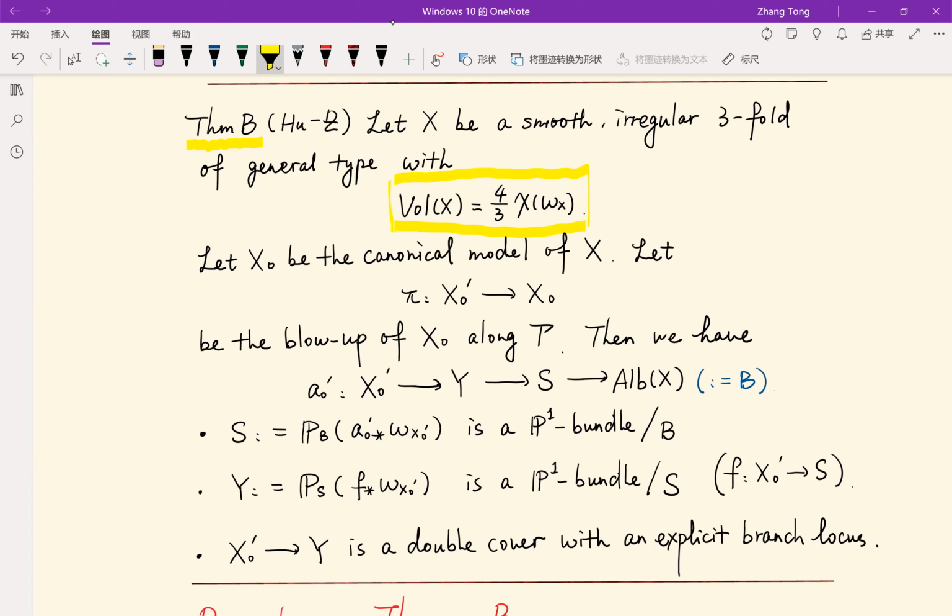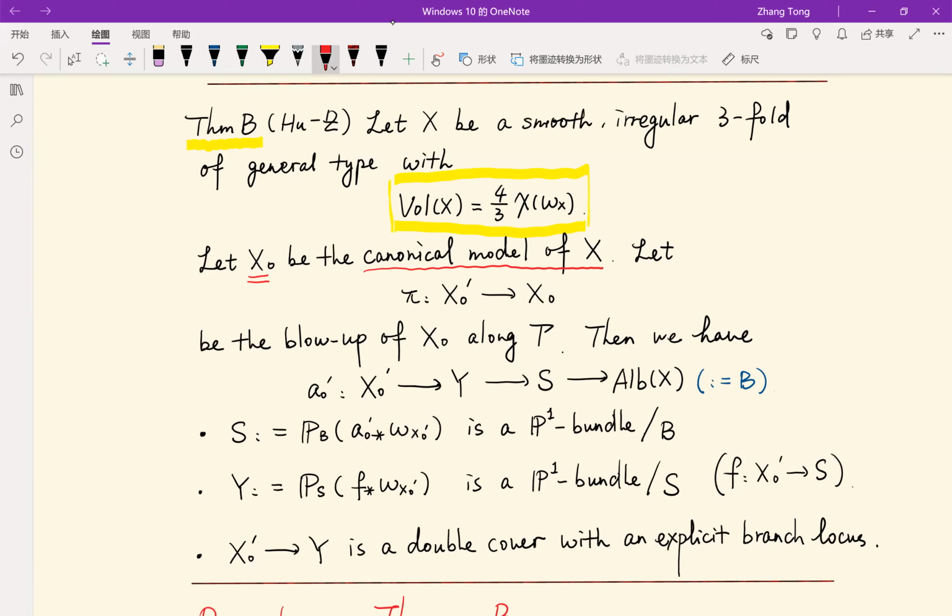To understand it, I can choose a special model, the so-called canonical model of X. Let X naught be the canonical model of X. Then we know that this canonical model is also irregular, and it is also fibered over a genus 1 curve by our Theorem A.